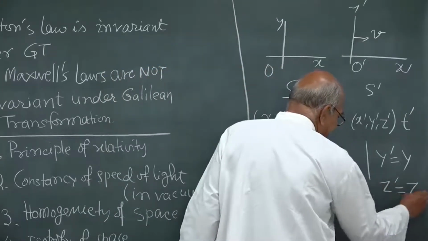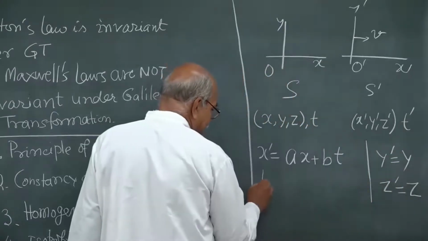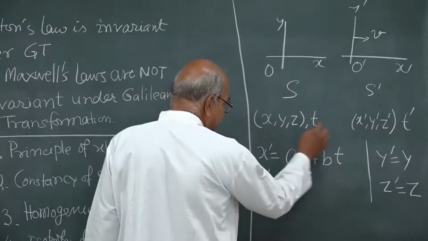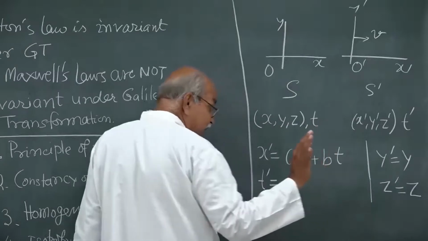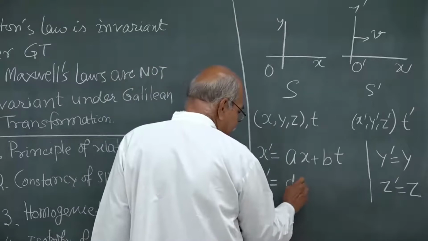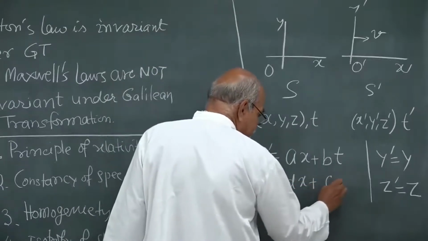So, this will be there, and then we have t prime. t prime will again be dependent on x and t. Let us write it as d times x plus f times t, I do not want to write c, c is the speed of light.